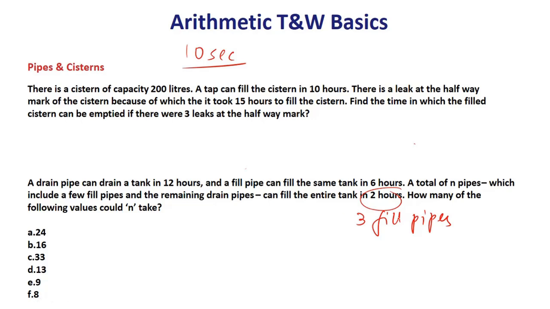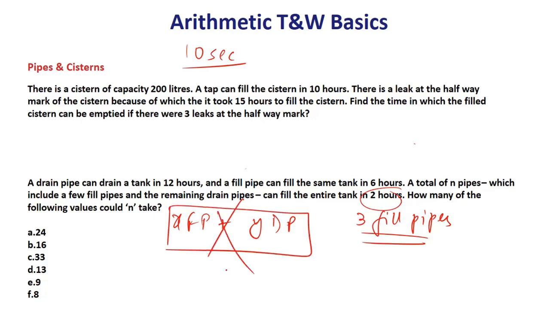So you have effectively 3 fill pipes and you have X fill pipes and Y drain pipes, which in effect will cancel out each other, because finally only 3 fill pipes are filling the tank in 2 hours, right?